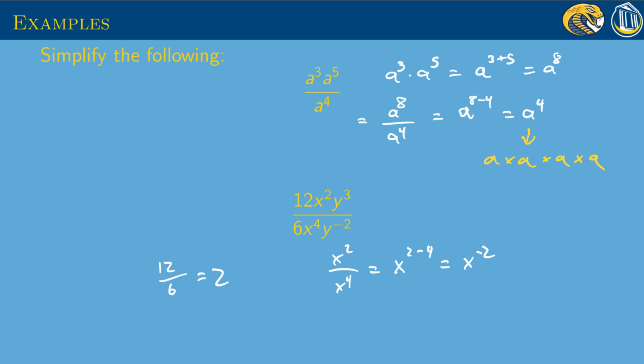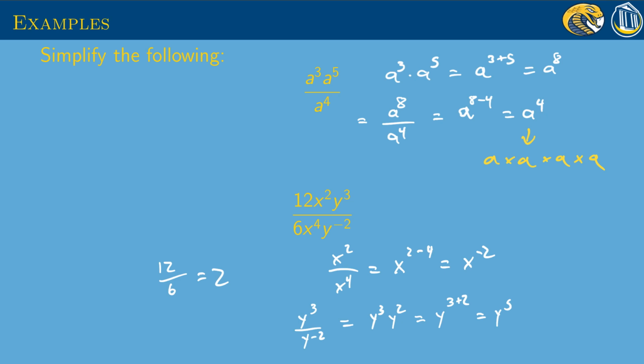And we'll remember that. And then the tricky one is we have y cubed over y to the negative 2. Now there's a couple things we could do here. We could either say this is a quotient and let's subtract, or we could say y to the negative 2 in our denominator, that's the same thing as y to the positive 2 in our numerator, and our rules of exponents tells us that's y to the 3 plus 2, which is y to the 5.